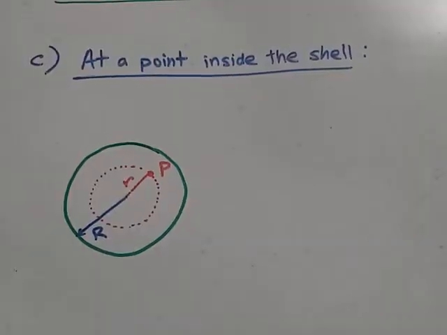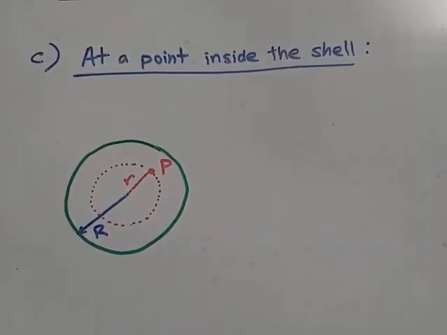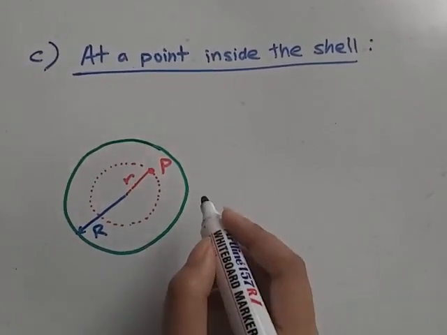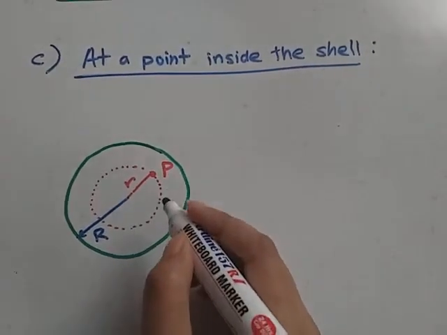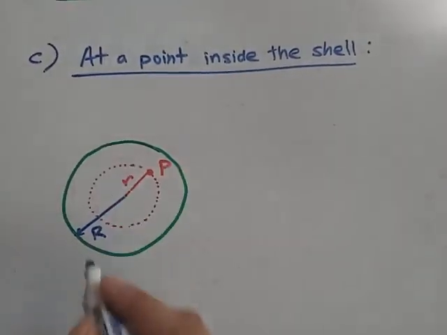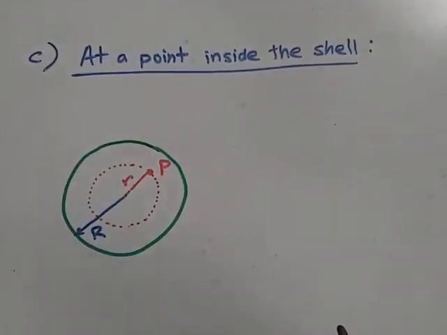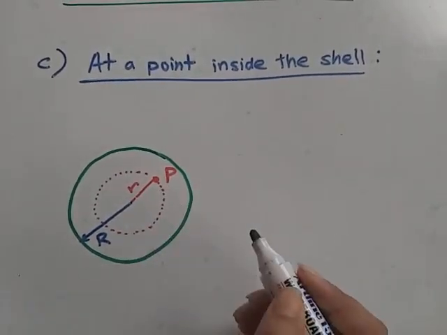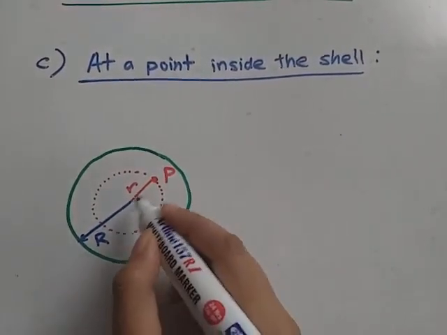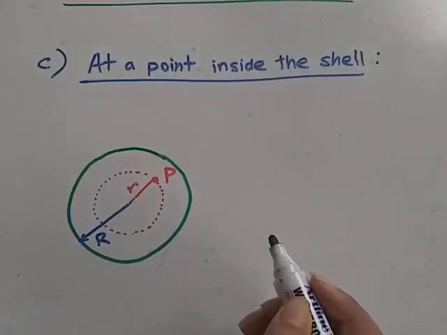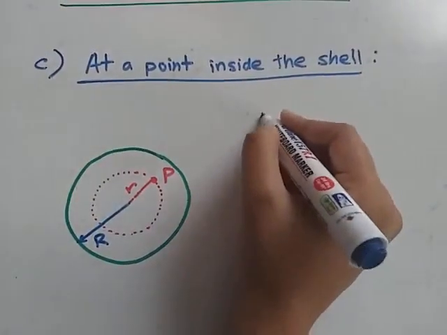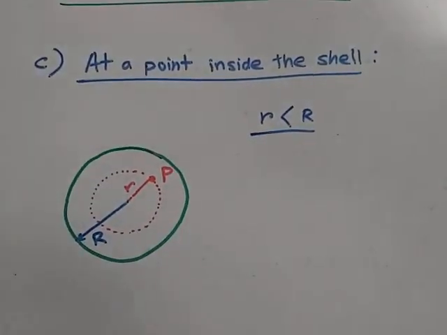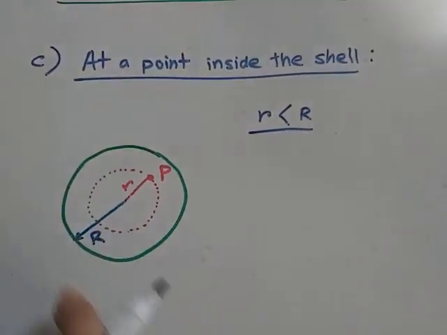Now this is the third or the last case. Here we have to find the electric field intensity at any point inside a spherical shell, which is a uniformly charged spherical shell. So for that, let us consider a point P inside a spherical shell at a distance smaller r from the center of the shell. For this case, small r is less than capital R, where capital R is the radius of the spherical shell.